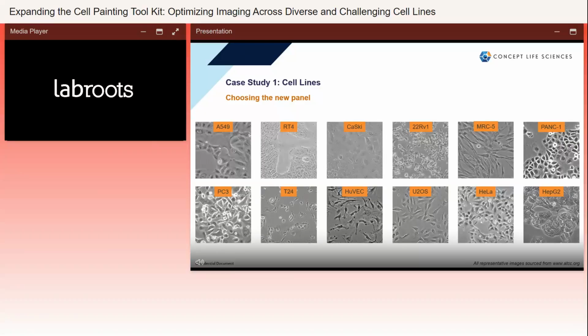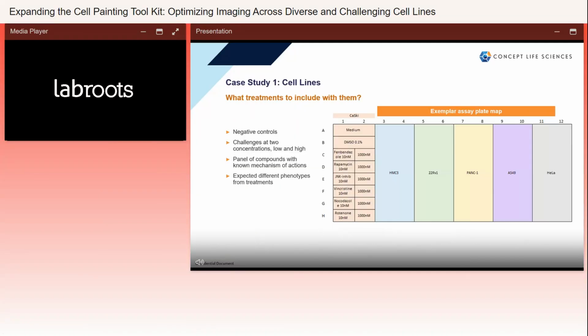Now, from an assay development perspective, we observed that the growth characteristics, tolerance to seeding density, and even simple things like amenability to imaging or monolayer growth varied significantly between cell lines, and this influenced both imaging and feature extraction. As always, it's important to be able to assess the baseline phenotype. Any assay being performed requires robust controls.